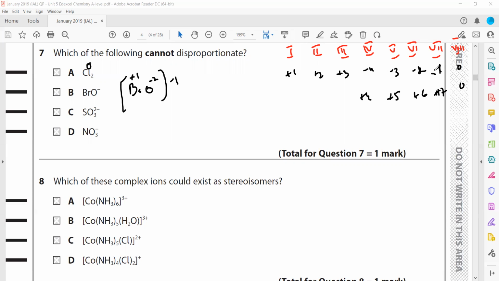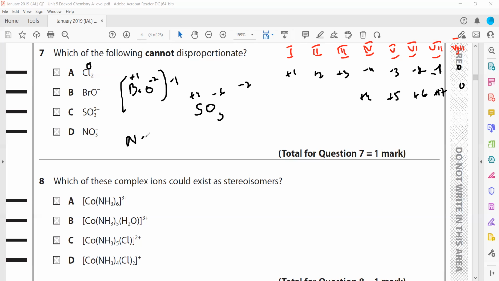It can either change from +1 to -1, or it can rise to +7. So it can be oxidized or reduced, or a disproportionation reaction can occur. For sulfite ion, each oxygen is -2, 3 oxygen -6. So the sulfur should be +4. Sulfur is a group 6 element at +4. So it can convert to -2 or it can convert to +6. So oxidation and reduction can happen.